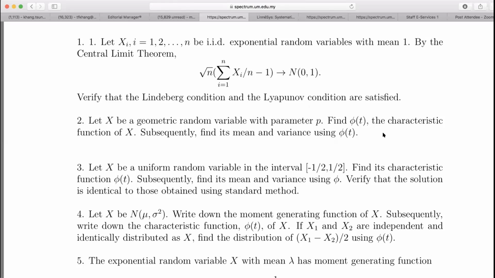Is Huawei Ken here? Huawei Ken. Yeah. So you want to try some of the questions? Okay, number 1, yeah. Wow.